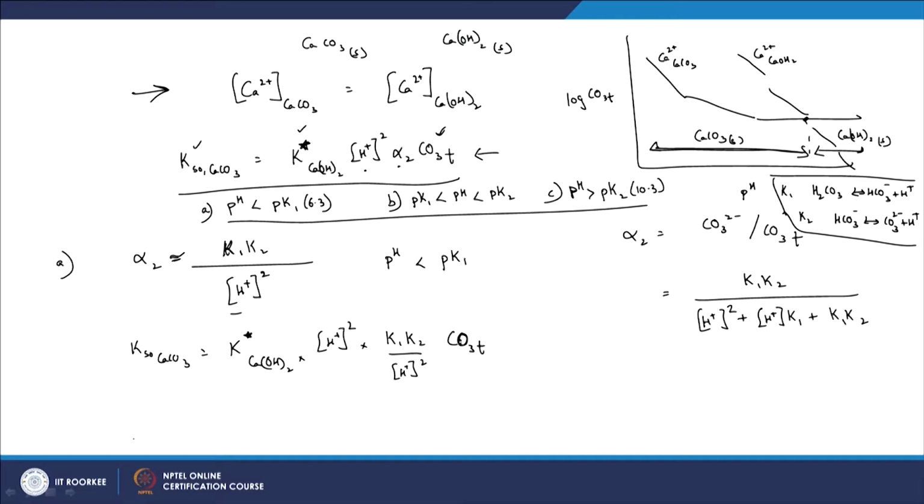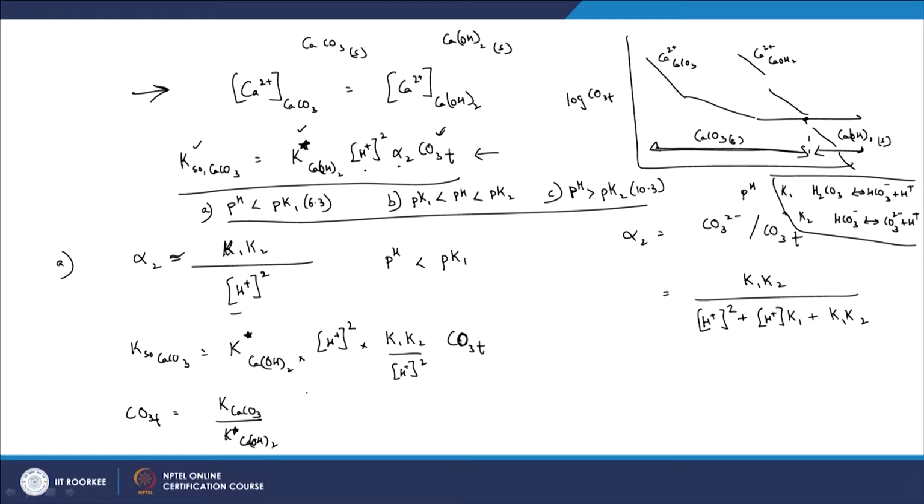Or I can also express this as CO3 total is equal to the solubility constant of CaCO3 by K* of Ca(OH)2, [H+]². [H+]² and [H+]² obviously cancel each other out, and CO3 is total.